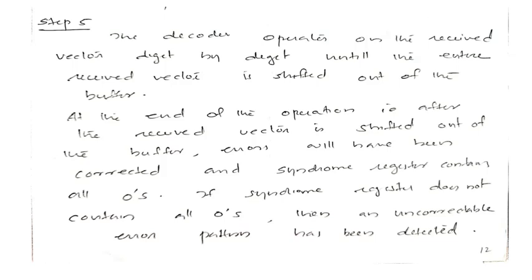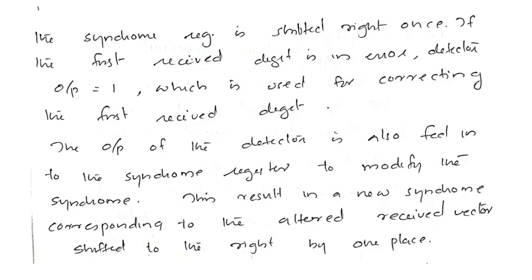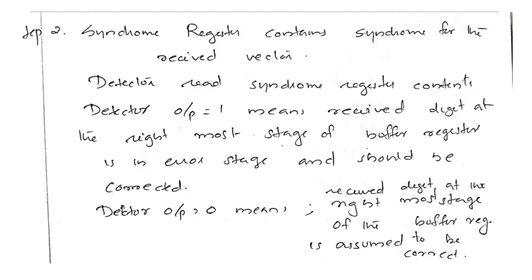If the syndrome register doesn't contain all zeros after shifting all the received vectors out of the buffer register, then an uncorrectable error pattern has been detected. So this way we can check the error as well as correct the error using this Meggitt circuit.